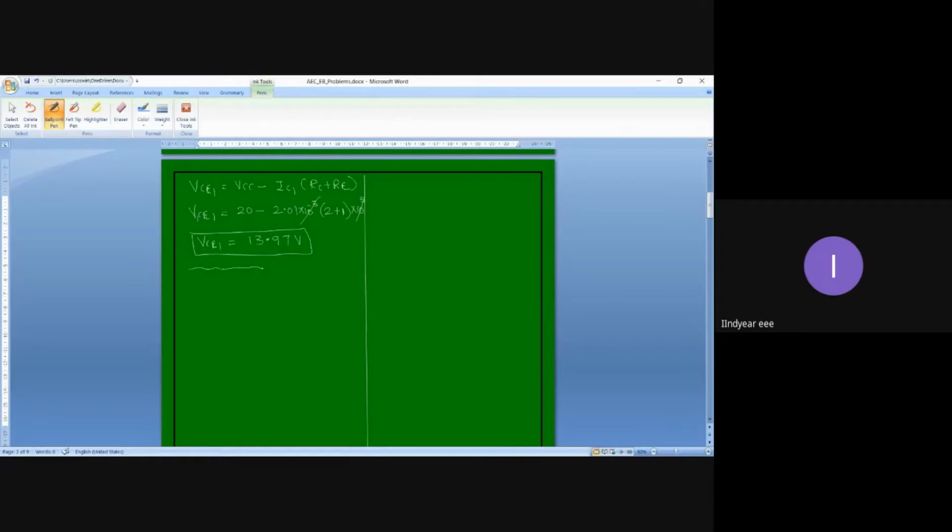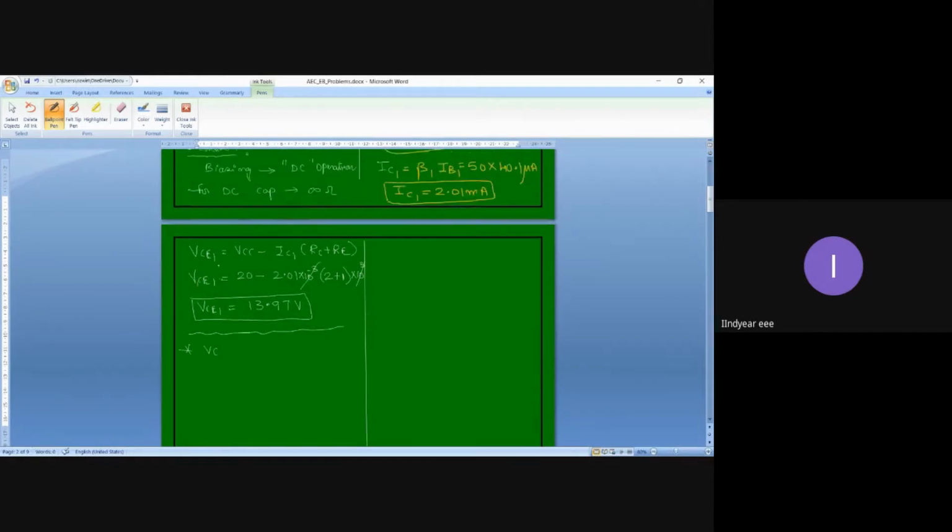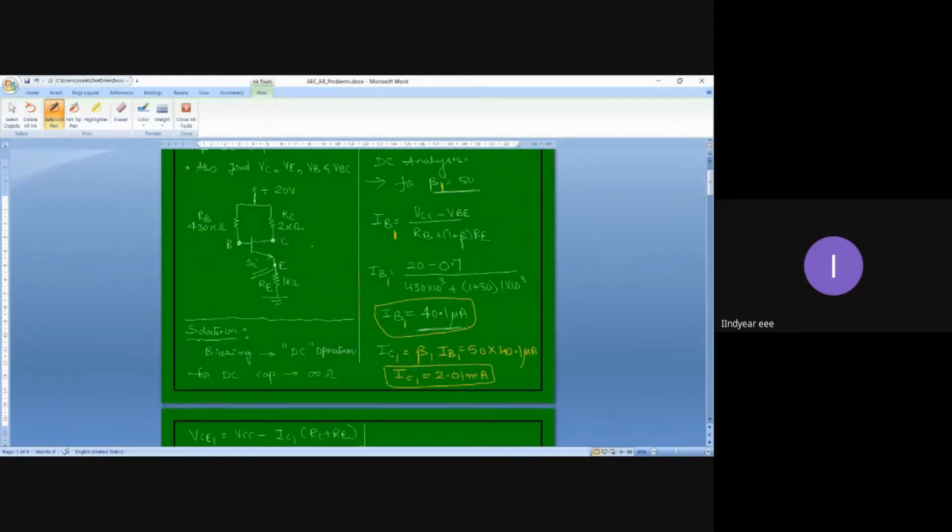So let's calculate VC. What is VC? VC is the collector to ground voltage. Collector to ground voltage is equal to collector to emitter voltage, this is plus, this is minus, and then emitter to ground voltage, this is plus, minus.